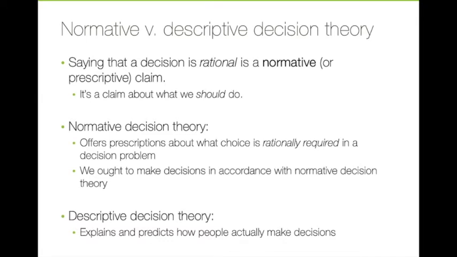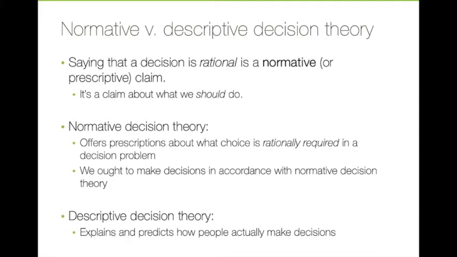As you might guess, though, sometimes people's decisions are rational and sometimes they're not, even when they have all the information that they need. The work that explains how people actually make decisions and predicts how people actually choose falls under the banner of descriptive decision theory.